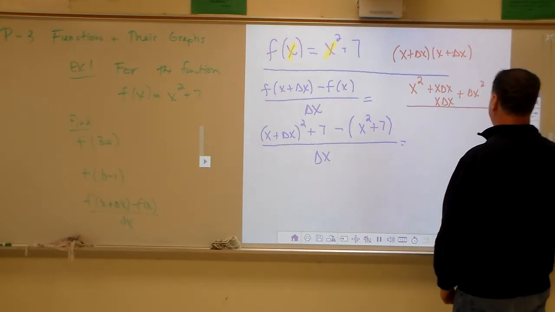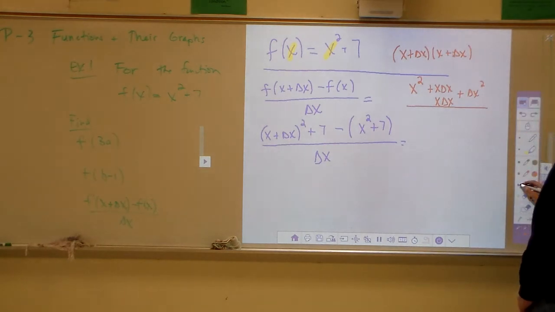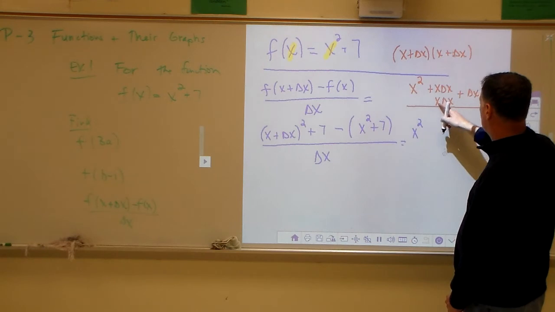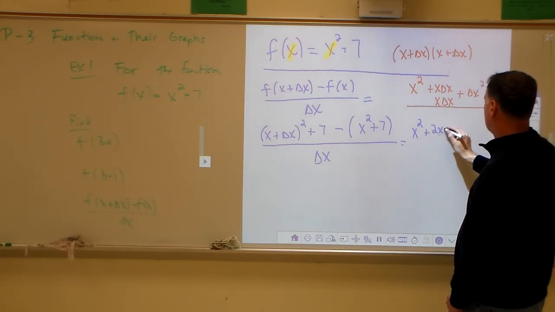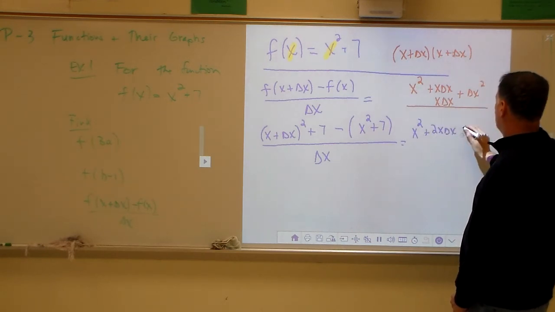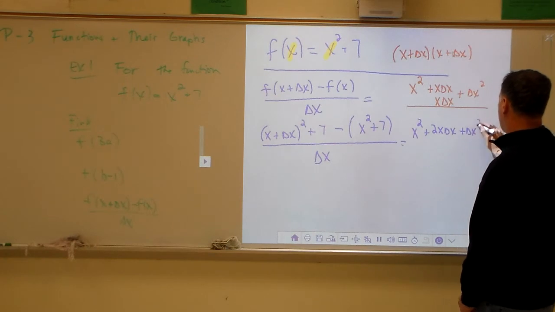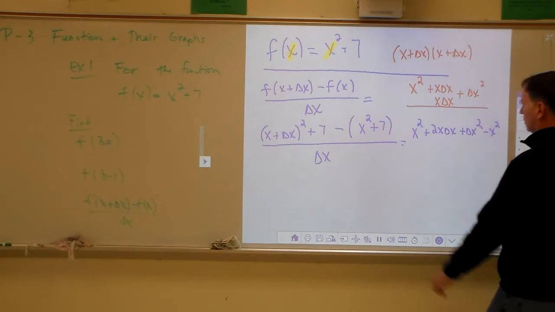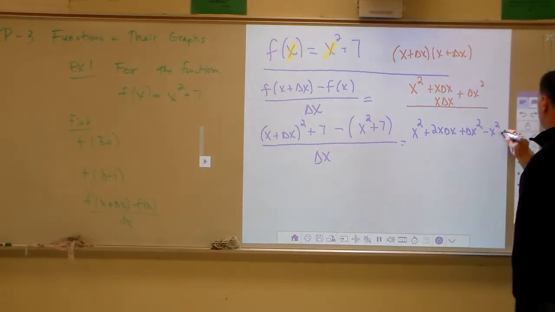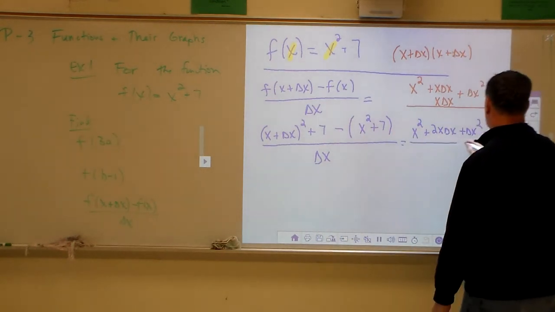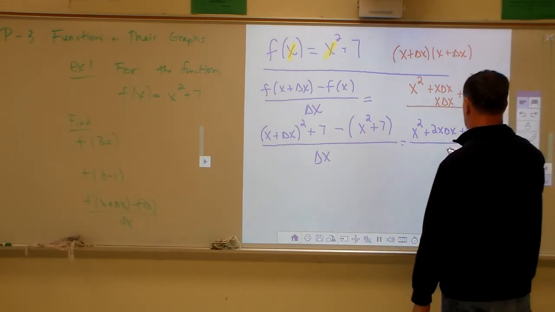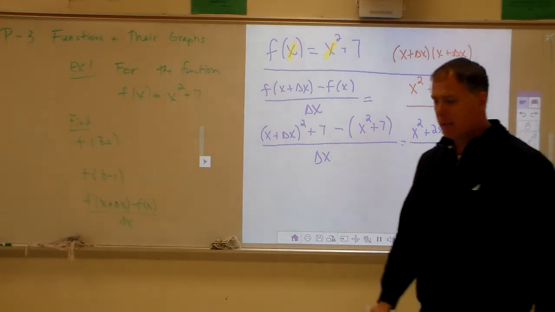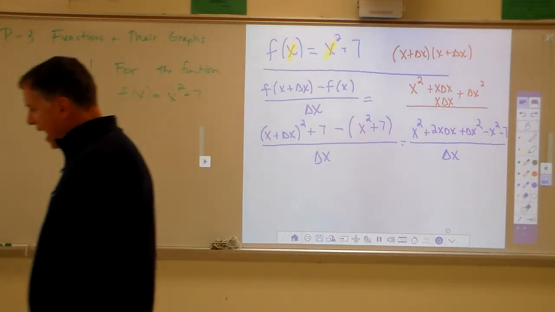So when I add that together, I can go back to my problem now. I'm going to have x squared plus 2x delta x plus delta x squared minus x squared minus 7, all over delta x. So we have some simplifying to do here.